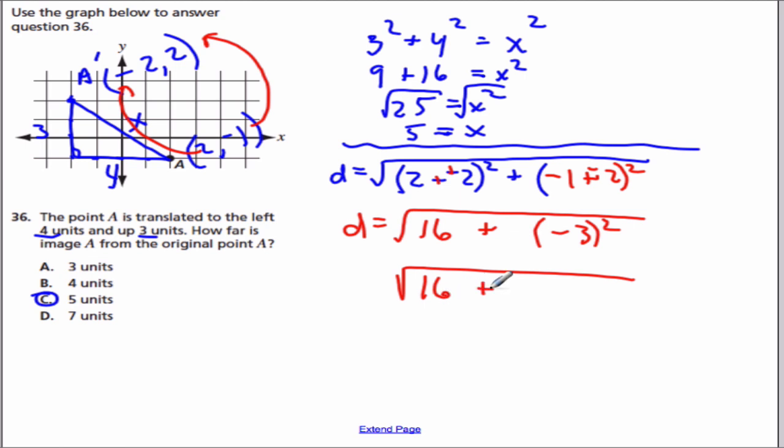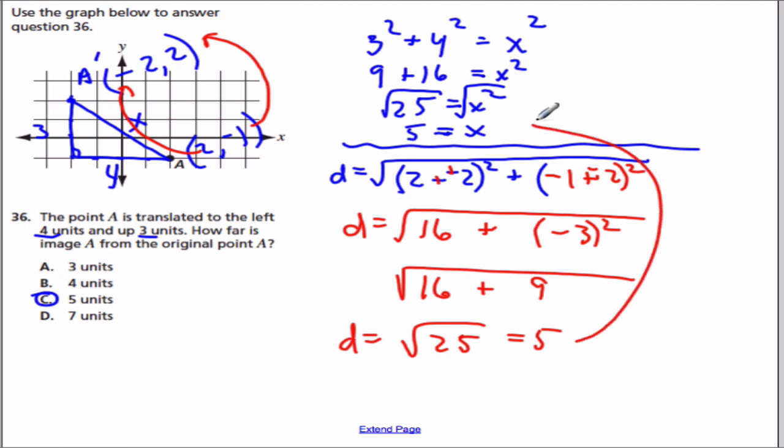Be careful, when you square minus 3 on your calculator, make sure you put it in parentheses, negative 3, close parentheses, and then square it. Otherwise, it'll do the order of operations wrong. It gives me 16 plus 9, which is 25, and the square root of 25 for our distance is 5. We got the same answer either way, but that's why the distance formula and the Pythagorean theorem correlate. They are one and the same.